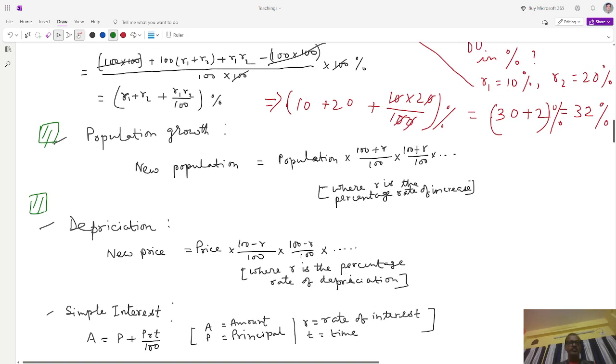We know that with the increase of age of an item, the value decreases. This is known as depreciation value. This is for general items only.